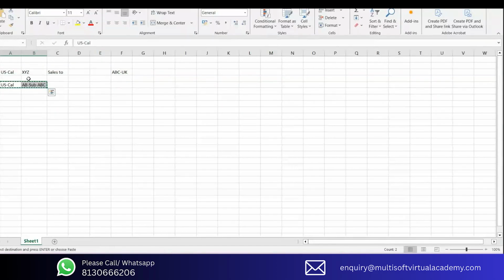This is exempt. But if ABC UK has a subsidiary company in the US, then what will happen? The nexus concept comes into the picture, and then it is subject to tax. Without knowing this, if you go to Vertex, for this scenario we need to create one ID, for example 1, 2, 3, 4, 5.